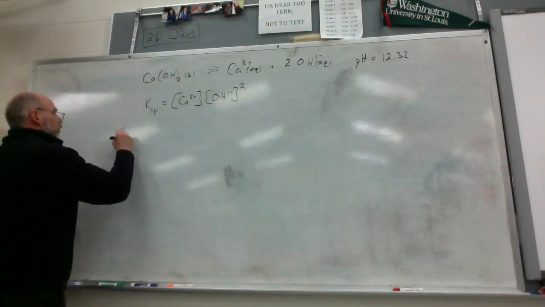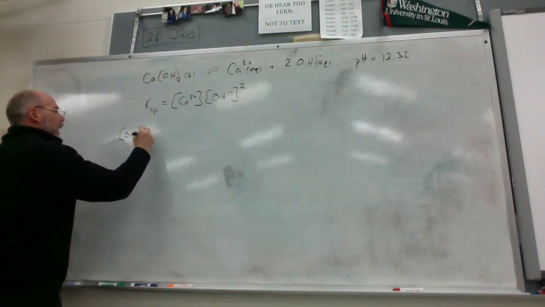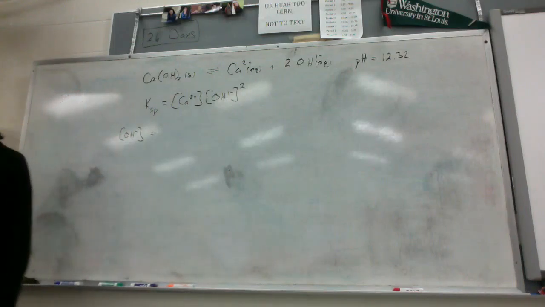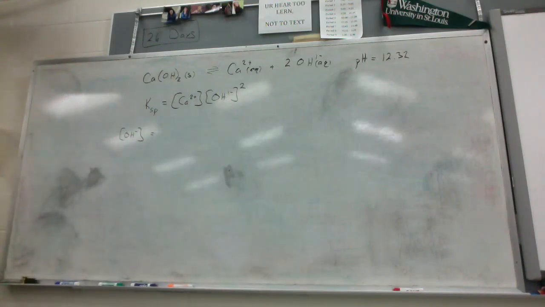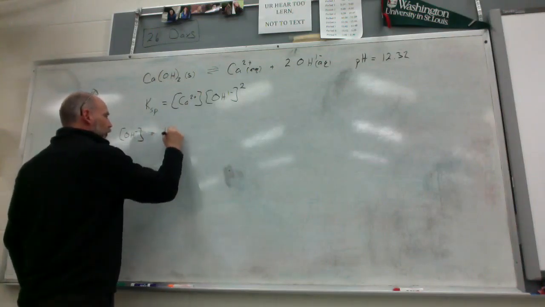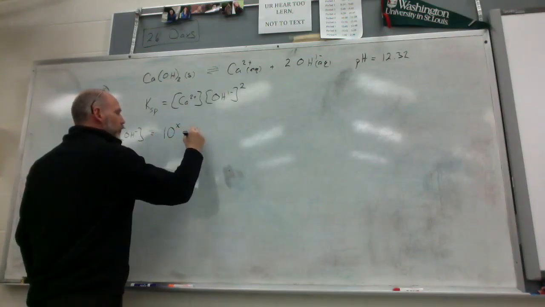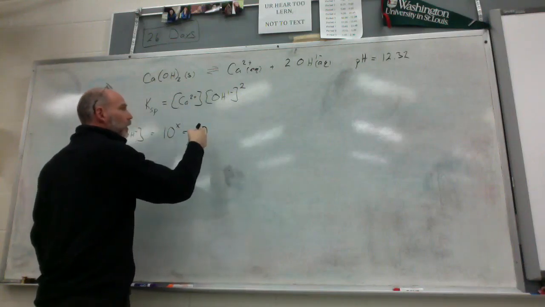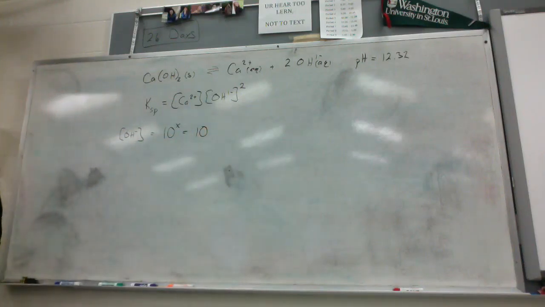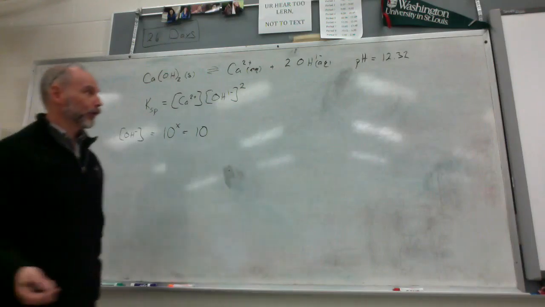How can I get the concentration of the hydroxide ion? So you have to take the inverse log, using your 10 to the x key. But that's a pH. We need to find out the pOH first.